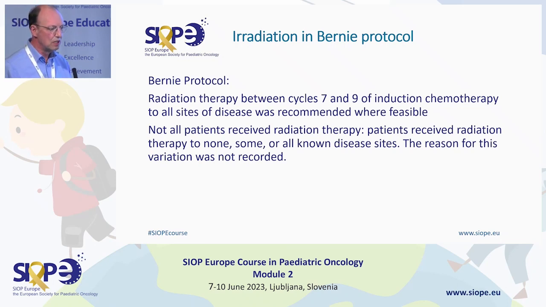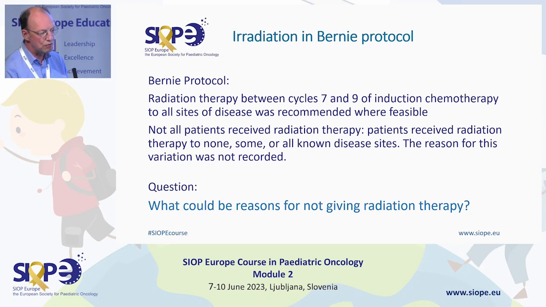And the question to the audience is, what would be reasons for not giving radiation therapy? Any answers? The age of the child, so usually less than 3 years. Other suggestions?